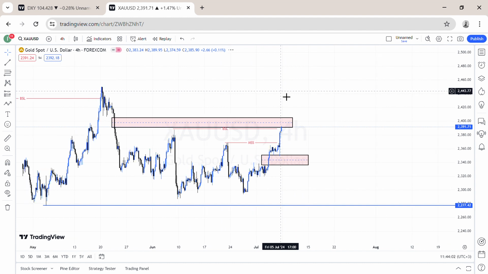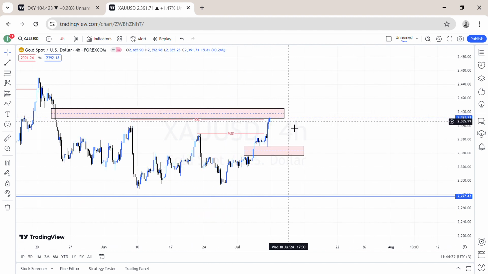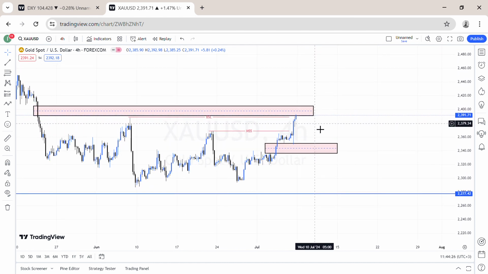So I'm expecting the price to trade downwards just a little bit after touching into these zones, grabbing liquidity at this buy side and trading into this fair value gap.